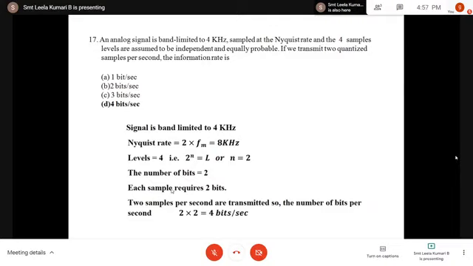Each sample requires 2 bits, and 2 samples per second are transmitted. Therefore, the number of bits per second is 2 into 2, which is equal to 4 bits per second. Therefore, option D is correct.